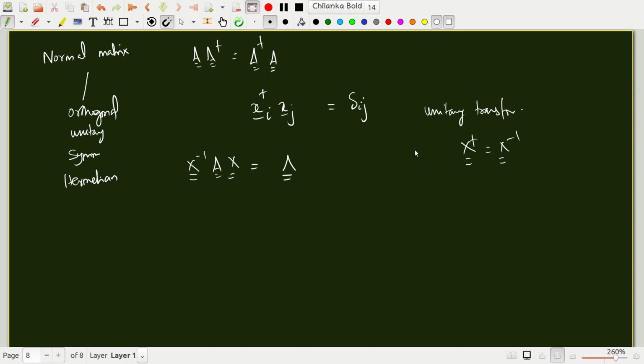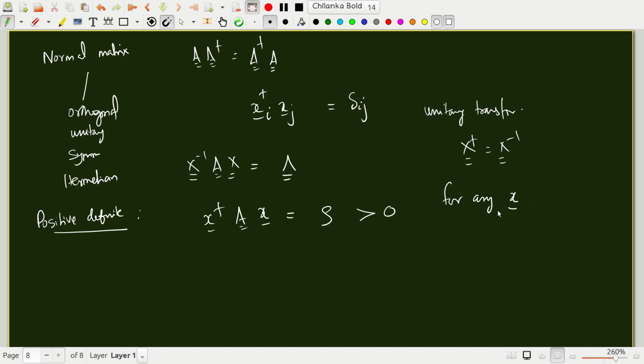Okay, so one last definition of a matrix, and this is called a positive definite matrix. What are positive definite matrices? You take a matrix and then pre and post multiply by arbitrary vectors. A positive definite matrix is such that this combination, this quadratic form, rho, is always positive for any vector x.